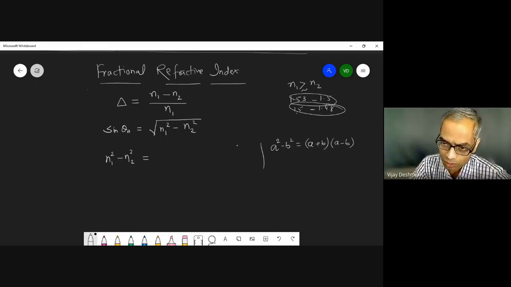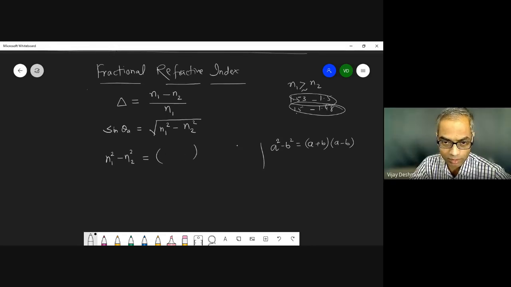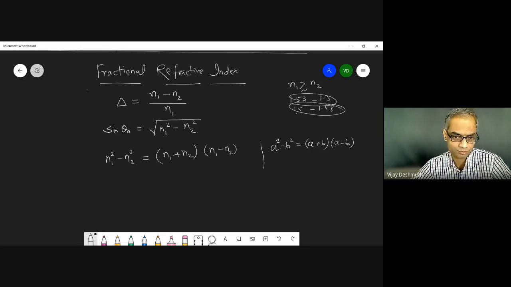You all use this from 7th or 8th standard. So what we can write is N1 plus N2, and in the second bracket N1 minus N2. Very correct.